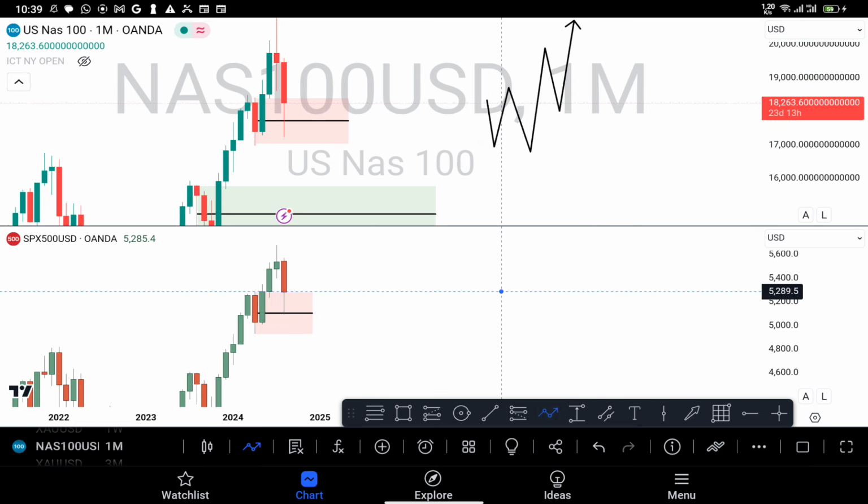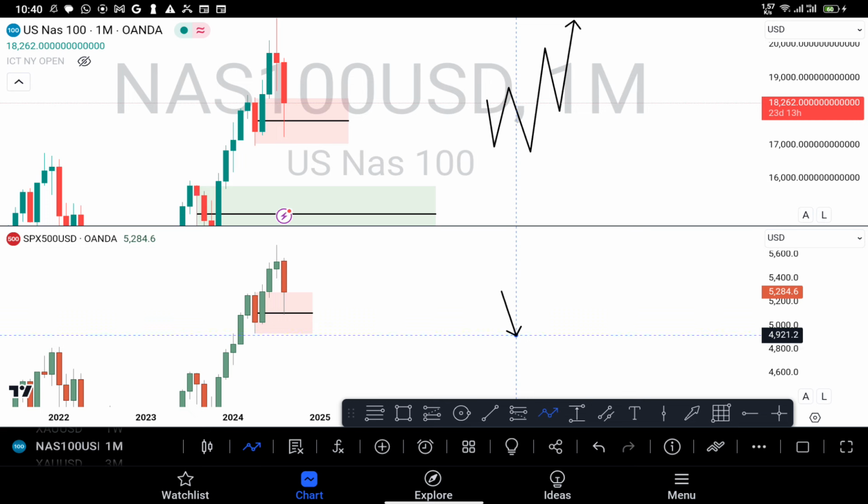Usually what I like is sometimes when I see SMT. I know that when I see the divergence in the closely correlated pair, it increases the probability of the setup. So let's say Nas100 made a low here and then a lower low here. Check the vertical line. This is a low, a swing high, a lower low.